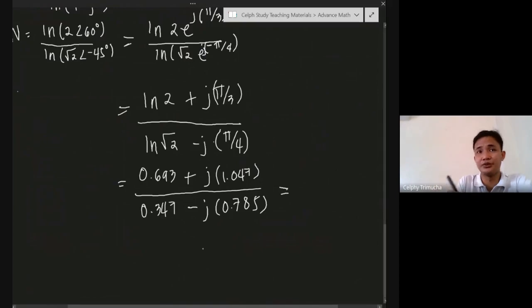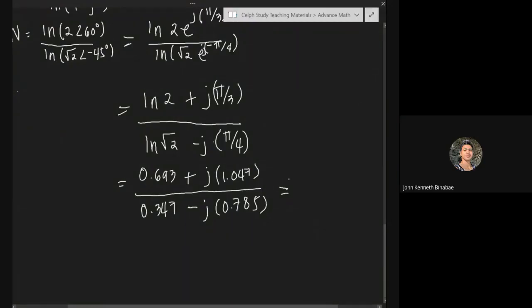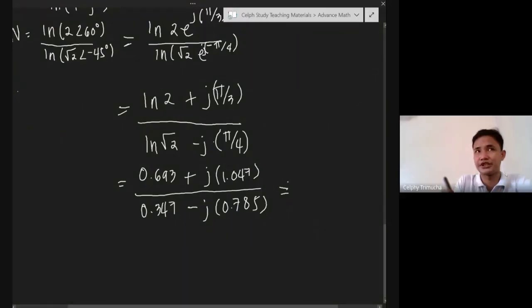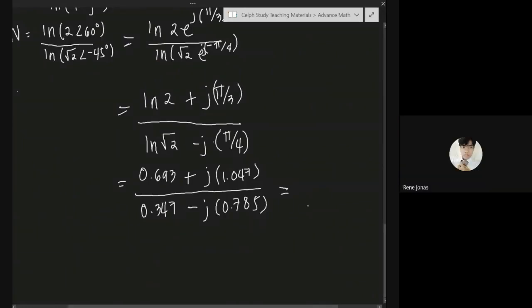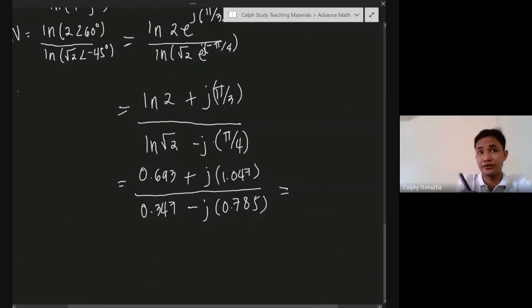So, anong pwede natin himuon para mas magdali ang division of complex number? Polar, sir. Convert siya in polar form kay para diretsyo na ta divide kag subtract ang aton nga angle. So, convert into polar form, 0.693 plus j times 1.047.